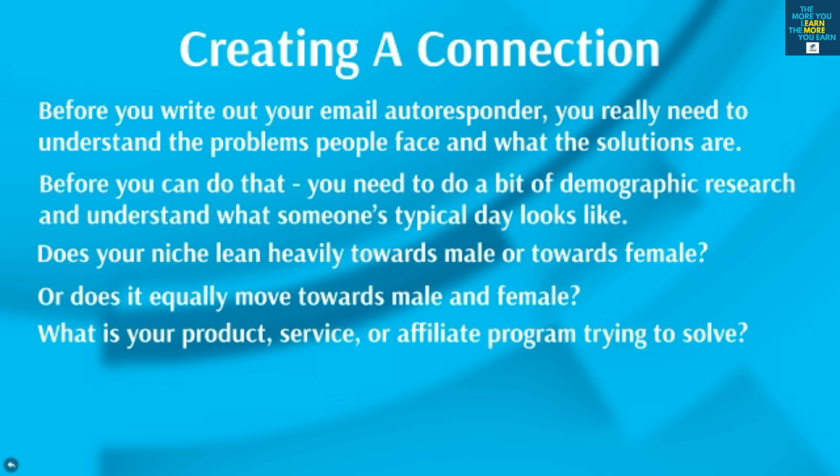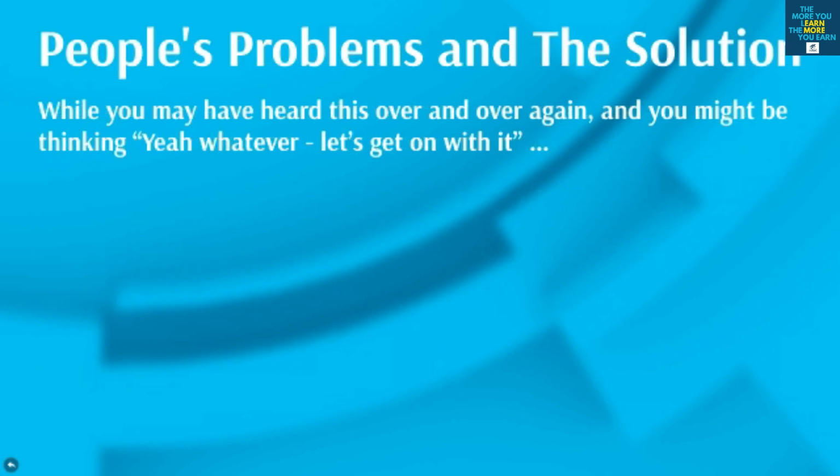A lot of times if you sell first, you'll actually scare people off or upset people, and they'll simply go to your competitor. So if you think about these things and what essentially keeps them up at night, jot that down right now. In fact, pause this video and jot that down so that you have a better understanding of what you could potentially talk about in your email autoresponder series.